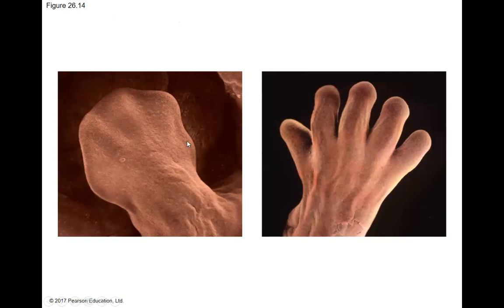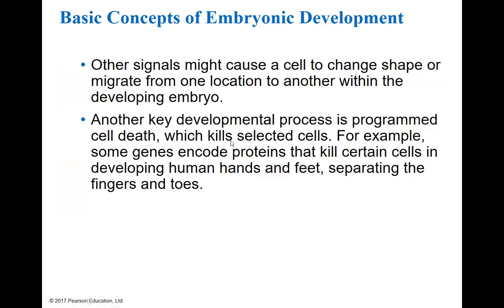So it looks like a stump here. But with regulated, programmed cell death, we can actually have these individual fingers and toes in our hands and feet. This killing of selected cells is also highly regulated, because obviously only those cells that are meant to die should die, others should not.